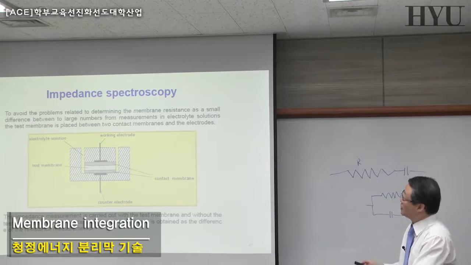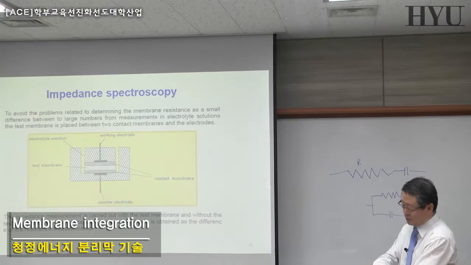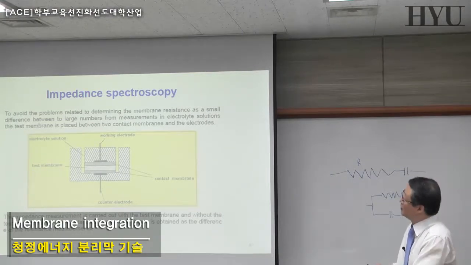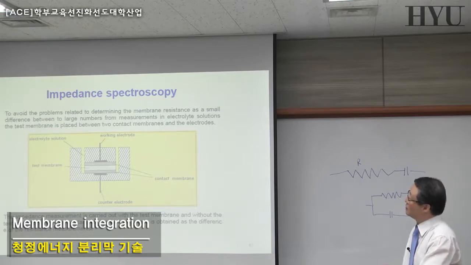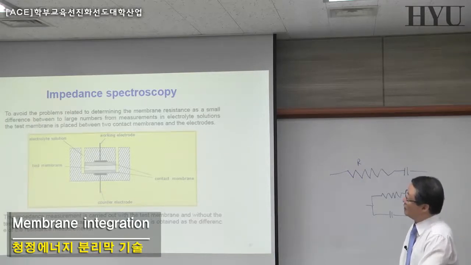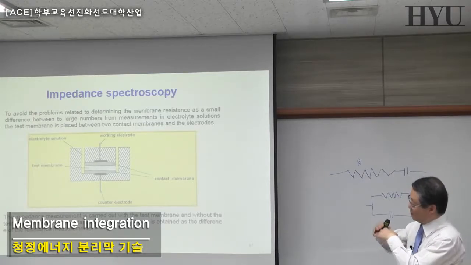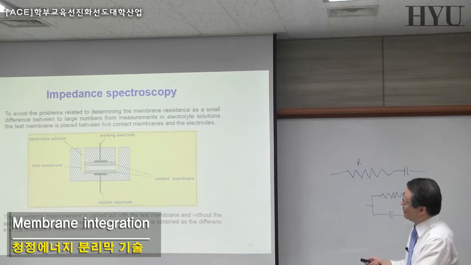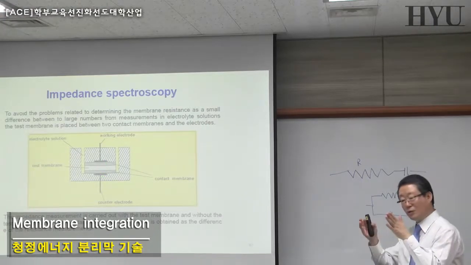Anyway, to avoid any problems related to determining the membrane resistance, the contact point between the membranes and the electrodes is very important. In some impedance spectroscopy setups, the electrode is applied right on top of the membrane.